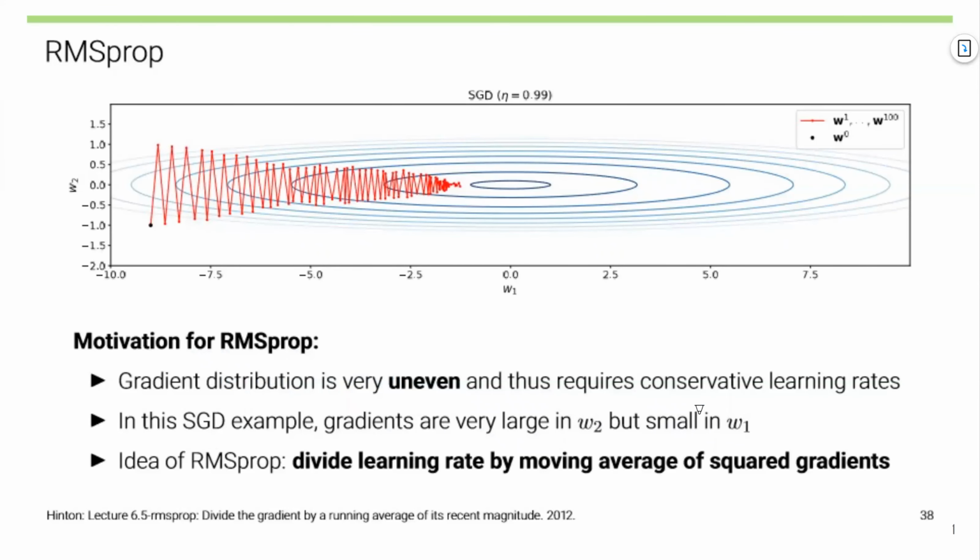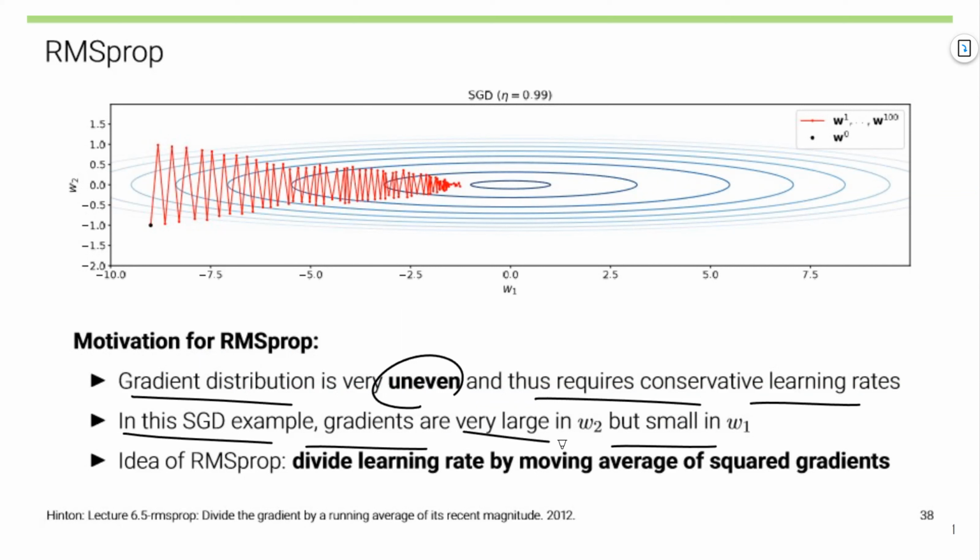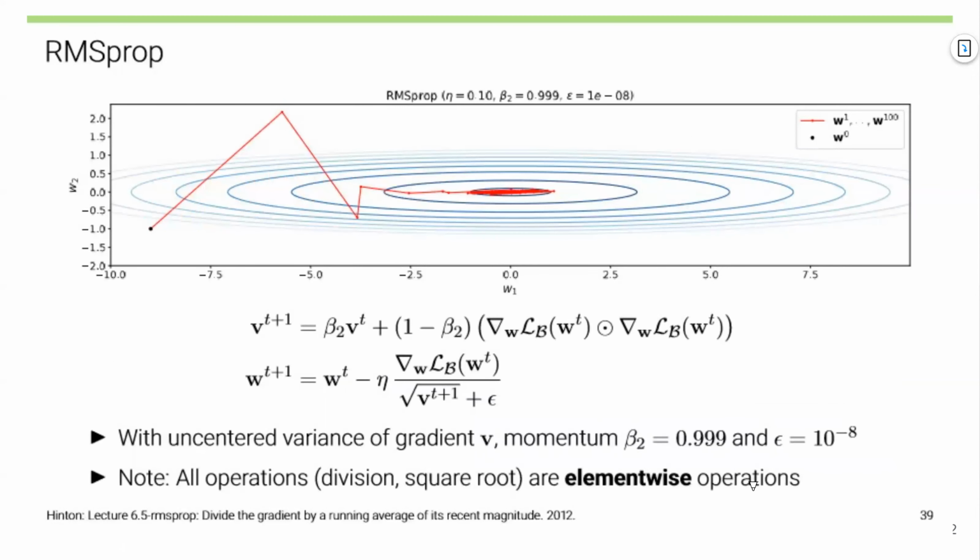The motivation for RMS-Prop is that the gradient distribution is very uneven along each direction, thus requiring a conservative learning rate. In this SGD example, gradients are very large in W2 but small in W1. The idea of RMS-Prop is dividing the learning rate by a moving average of squared gradients in each dimension.